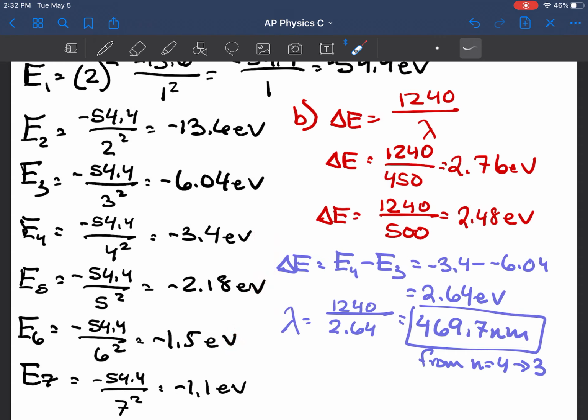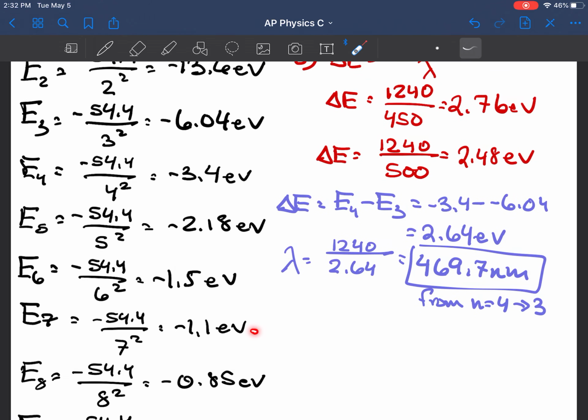Let's check it. 3.4 minus 1.5, 1.9. Okay, so it doesn't fall within. So 6 doesn't work.